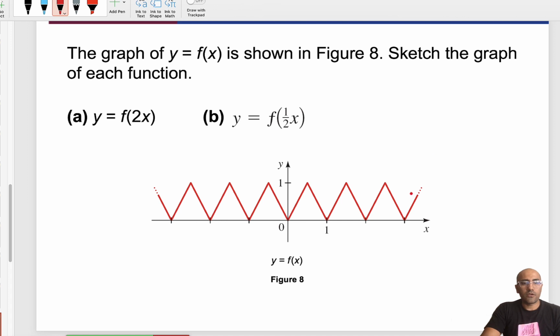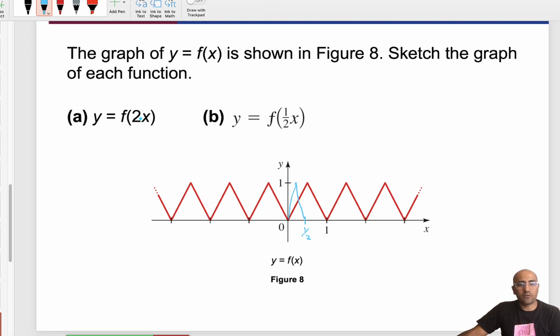Okay, so if we're given this graph right here, we don't necessarily know the equation of it, we just know its graph, its picture. What would it look like to have f of 2x? The fact that this is a number bigger than 1 makes it go through its period faster. So instead of completing one little oscillation, say from 0 to 1, one triangle, it should complete the whole thing in a half.